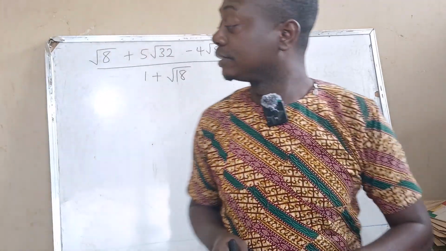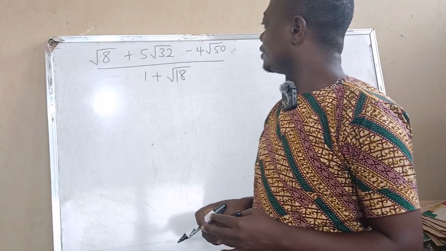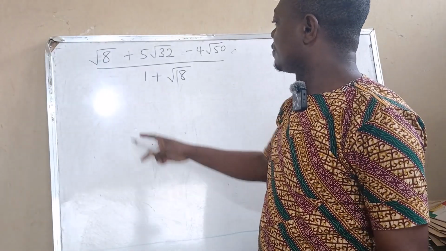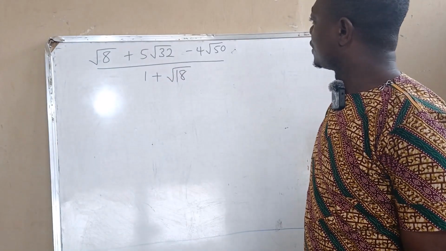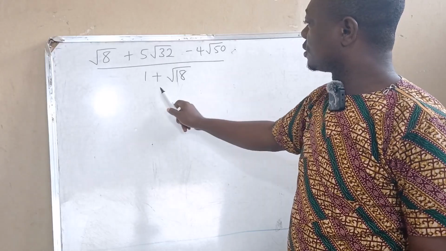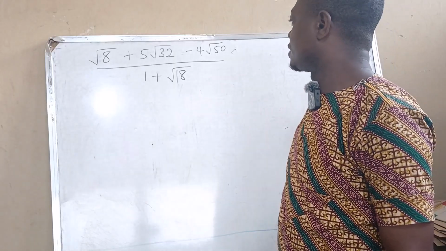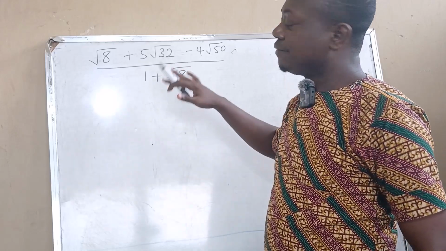Now let's continue with the build-up questions on sets. So we are given square root of 8 plus 5 root 32 minus 4 root 50 on 1 plus square root of 18. All right, so let's reduce them.